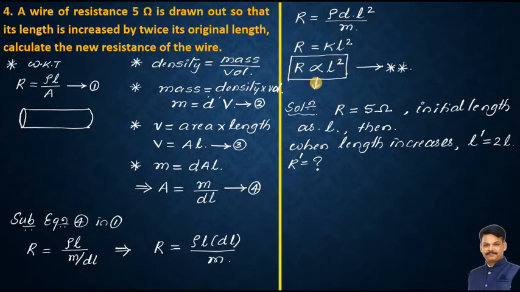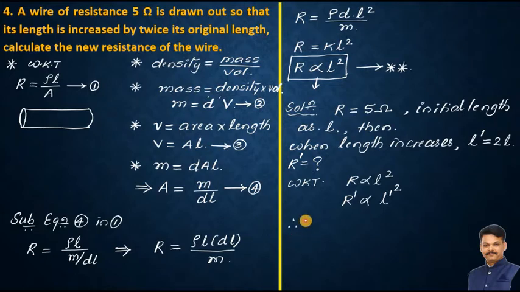Now let us make use of the relationship we have, that is R is directly proportional to L square. So we know that R is directly proportional to L square, and R dash is directly proportional to L dash square.